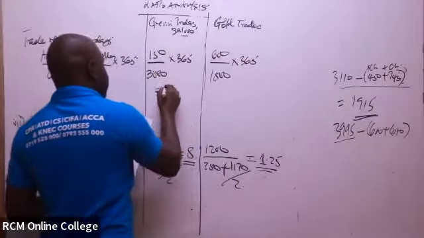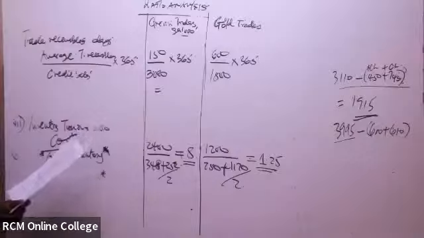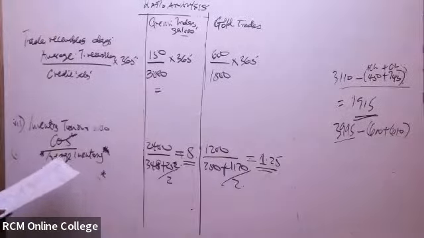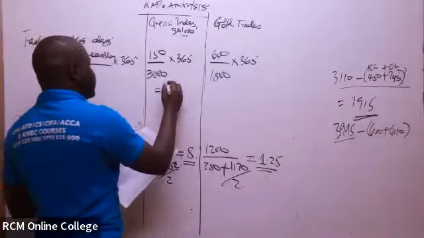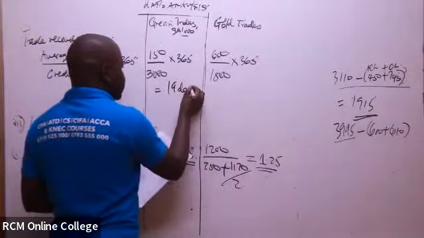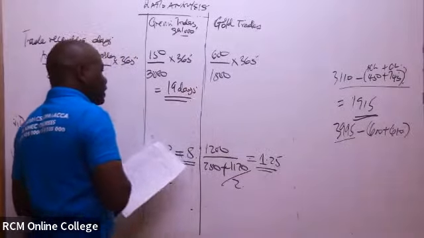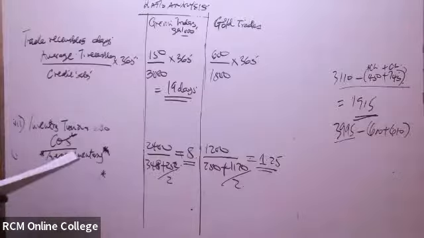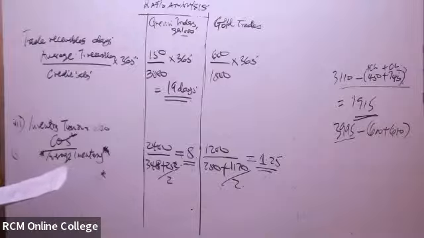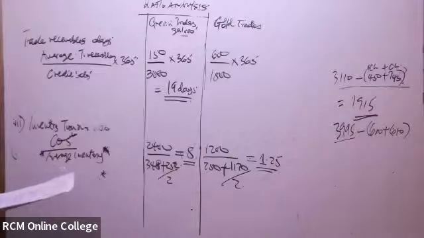So how many days are you getting in green traders? You're getting 19 days. So they take on average 19 days to collect from their debtors. What about gold traders? 122 days.